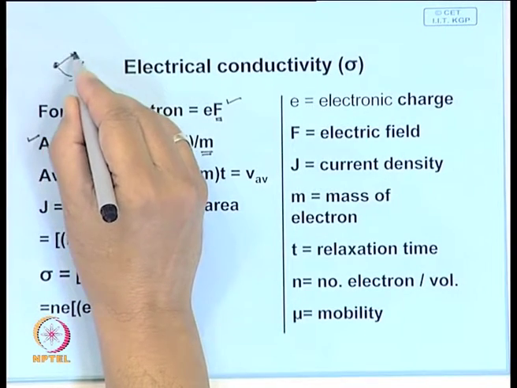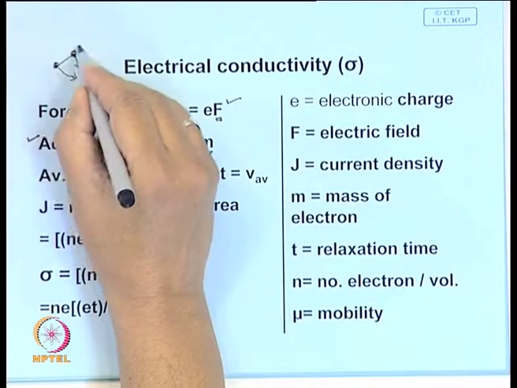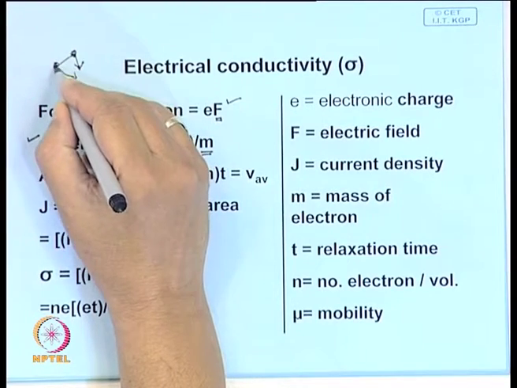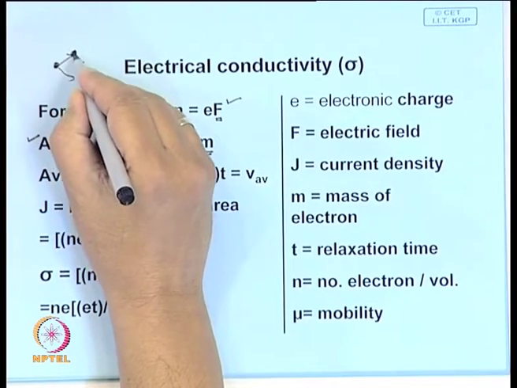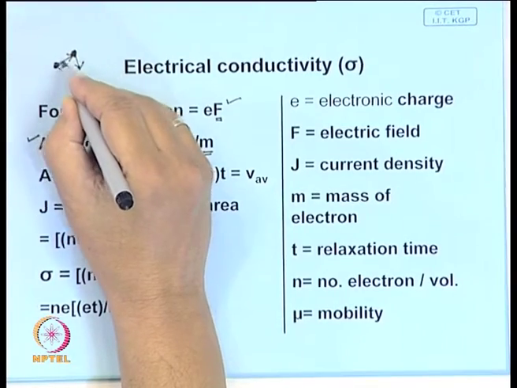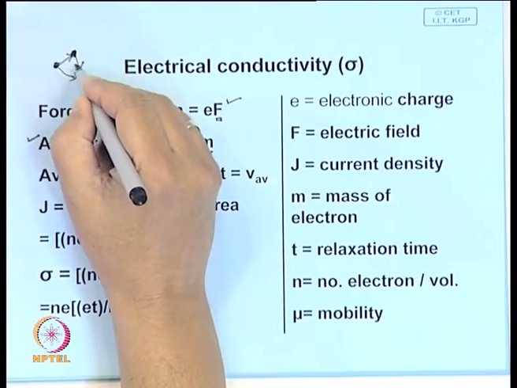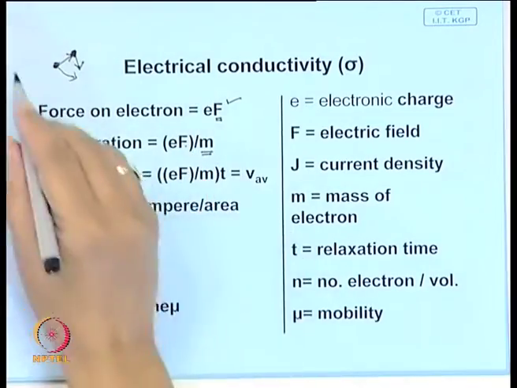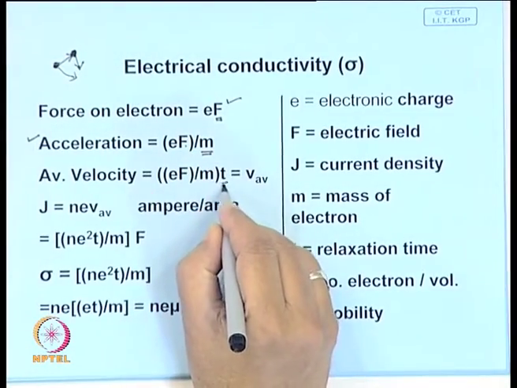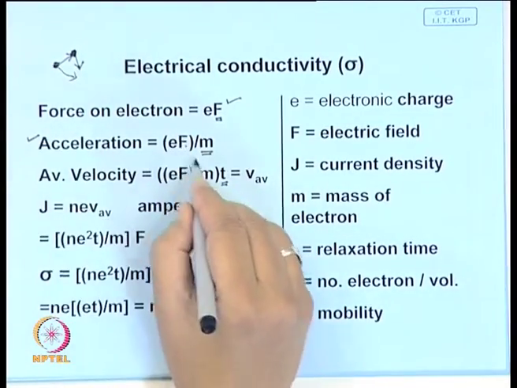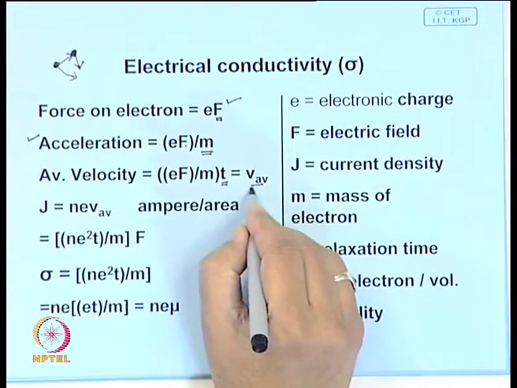So, basically, we can say there is a relaxation time, or the time between an electron hitting an obstruction. If we say that this time is t, then multiplying acceleration by time gives the average velocity.